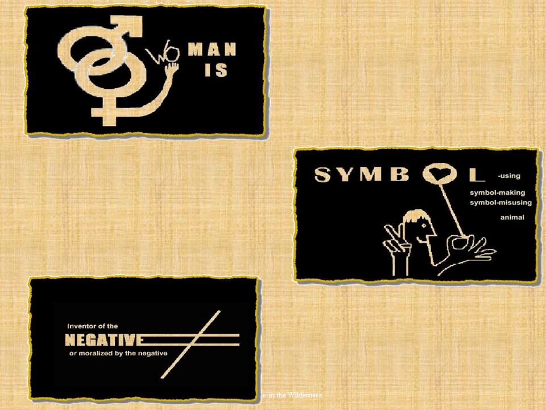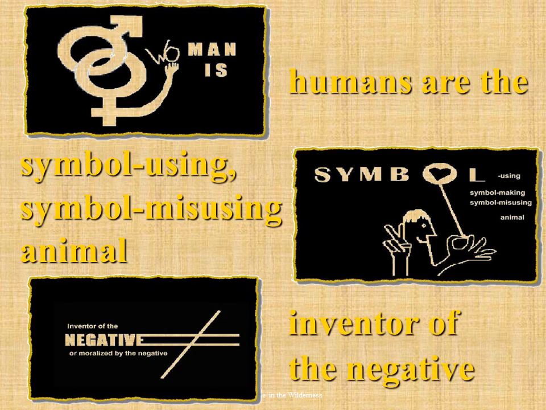But this is the part of the definition that I want to concentrate on. Humans are the symbol using, symbol misusing, symbol creating to symbol making animal, inventor of the negative. And so I want to use Aristotelian rules of definition to define nothing.